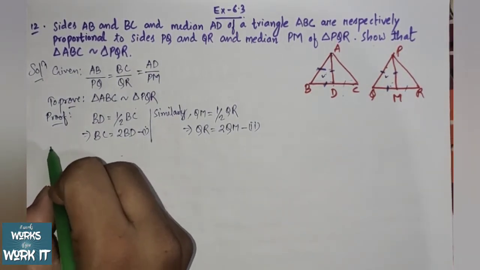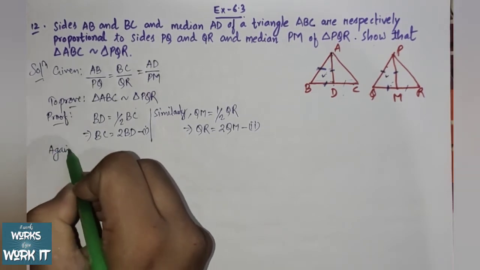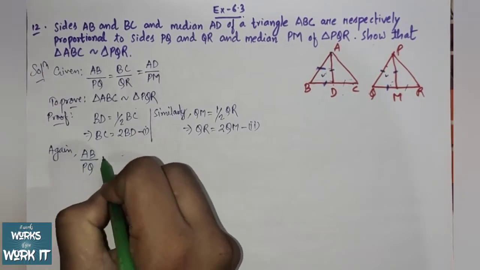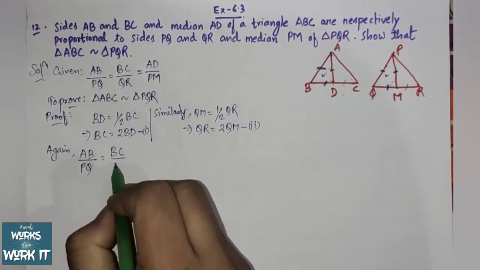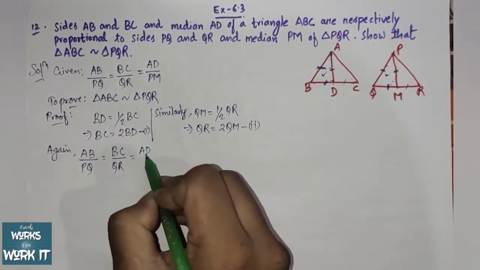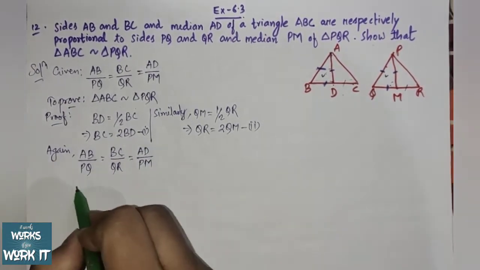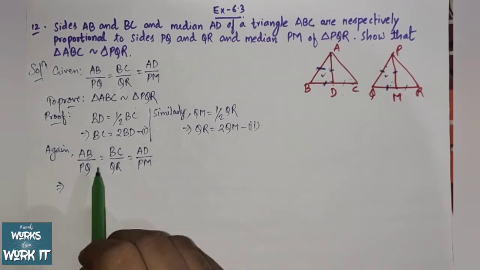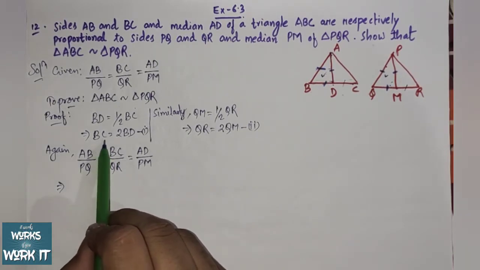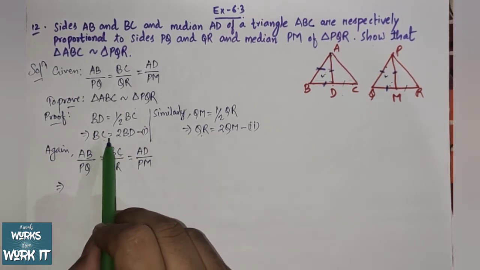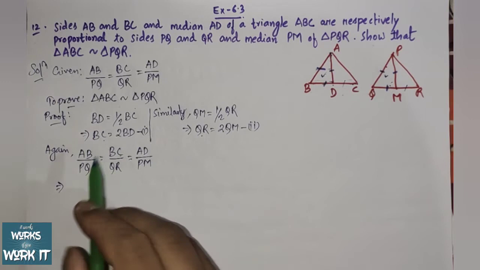Now we will take the given part first: AB by PQ equal to BC by QR, and then AD by PM. Here we have the values of BC and QR, so we will replace them.